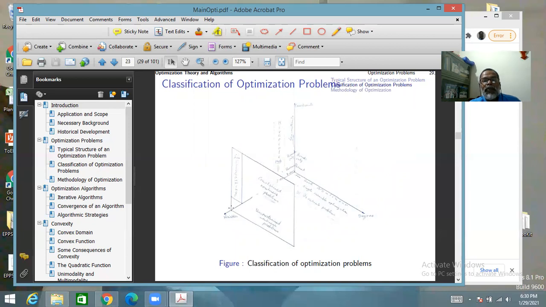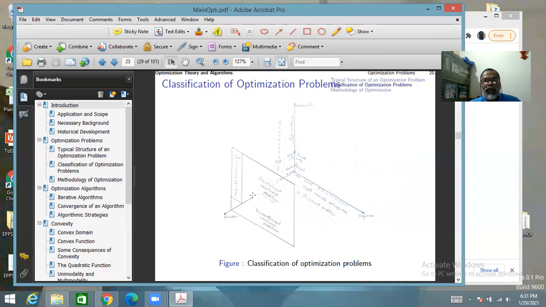Along this axis, I have shown the number of variables. So that means single variable, two variables, and then many variables. Along this, I have shown constraints. Unconstrained, bound constraints, and then general constraints. So if you try to consider the most general case of this entire picture, then you will have to come to many variables, fully nonlinear, and with constraints.